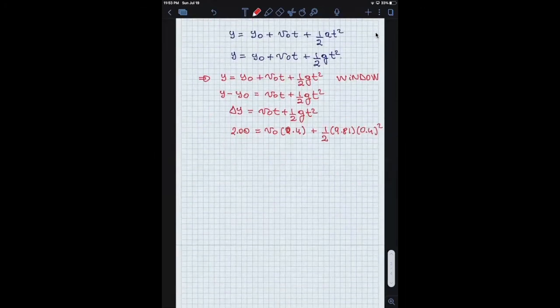If we rearrange, v naught is 2 divided by 0.4 minus 1/2 times 9.81 times 0.4. This is 5 minus 1.96. This gives you 3.04 meters per second. This is v naught.